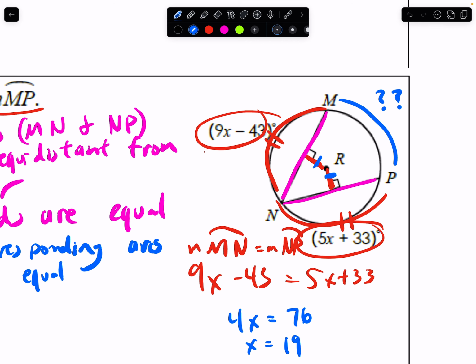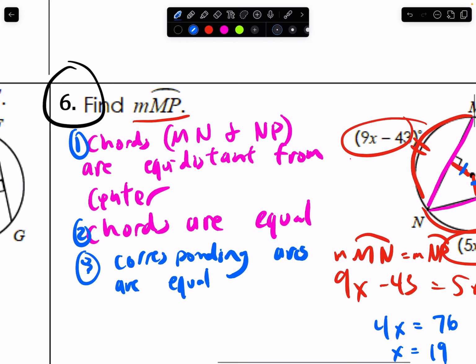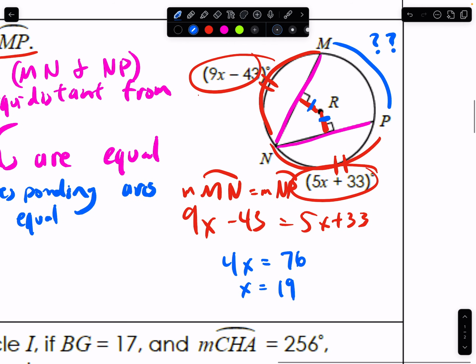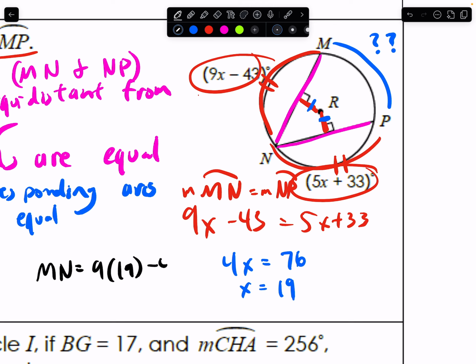But 19 is not the answer. It doesn't want x, it wants MP. So we're going to plug this 19 into MN. MN is equal to 9 times 19 minus 43, which gives us 128.